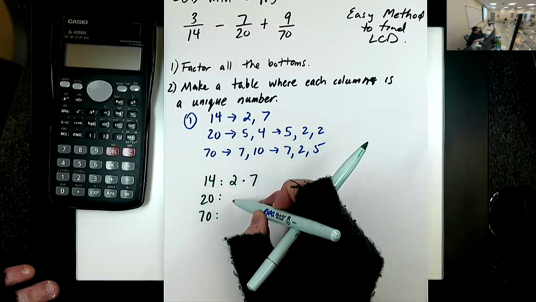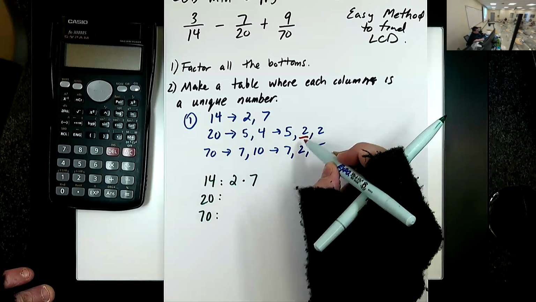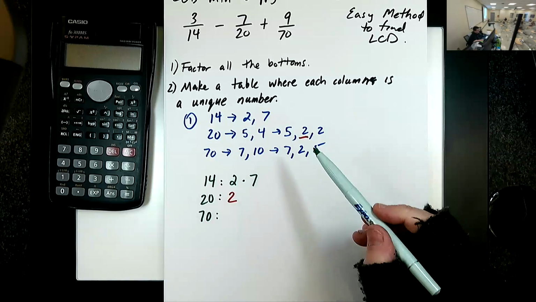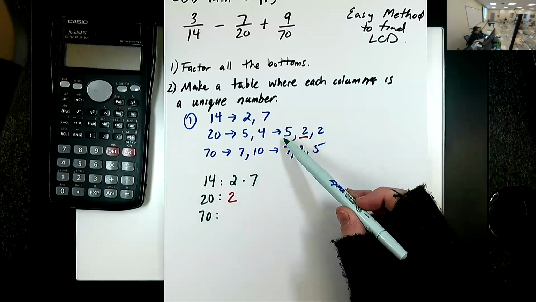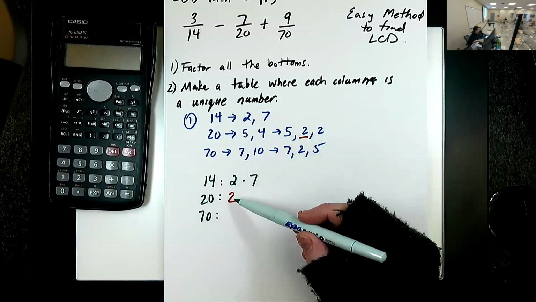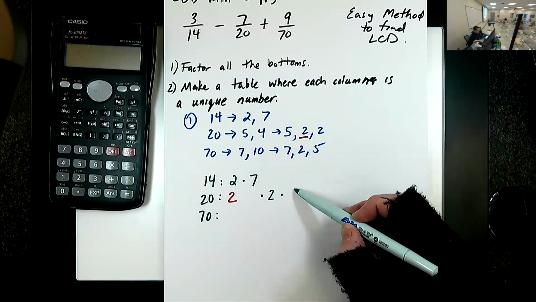I already have a column that has a 2 in it, so I'm going to take that 2 and put it right there. And then I still have another 2 and a 5, and I can't put another 2 in the same column, there's no room for it. So I'll make a new column for another 2 and another 5.